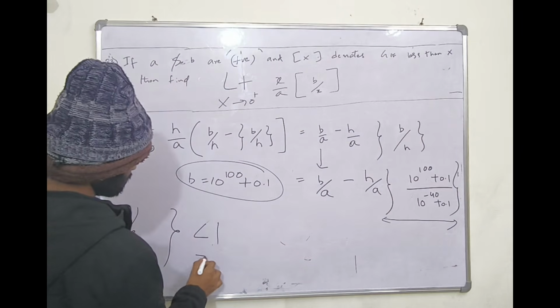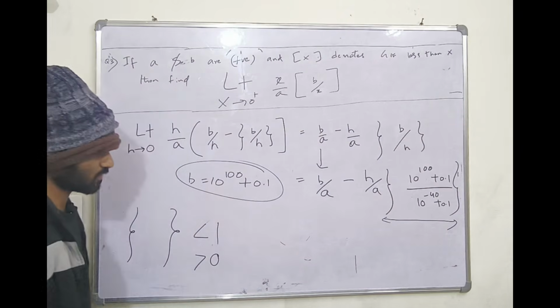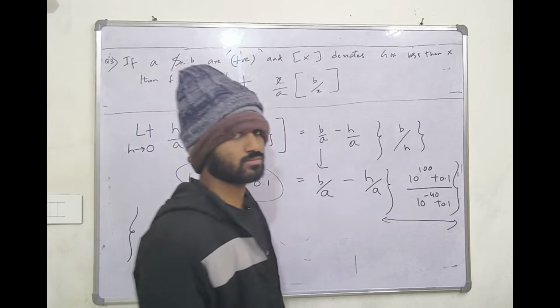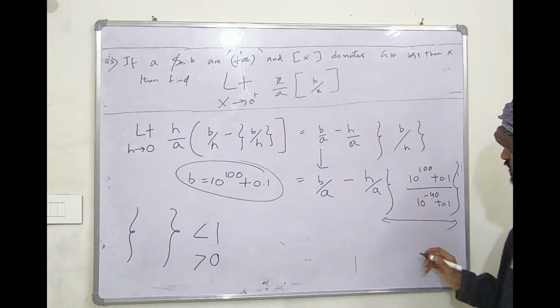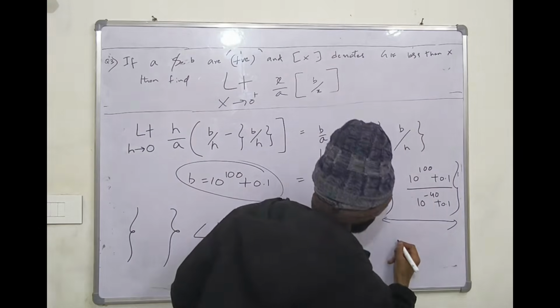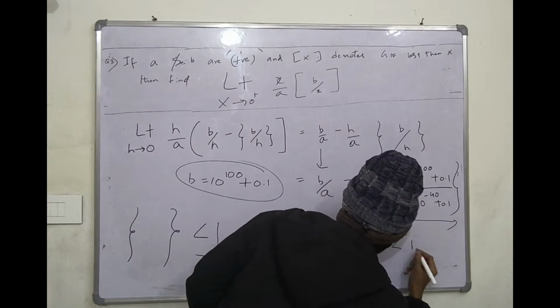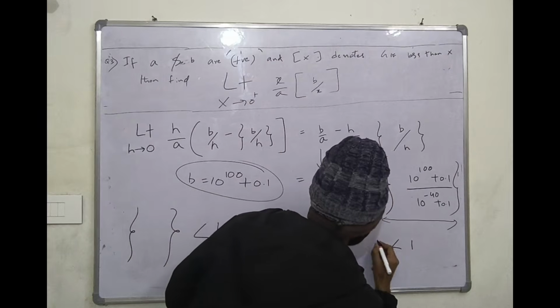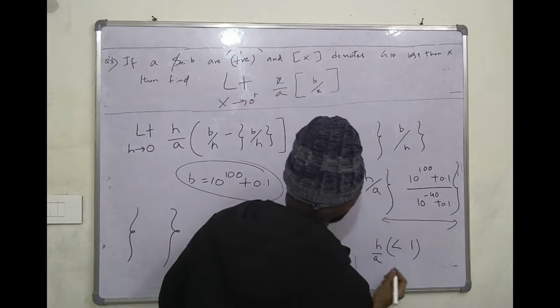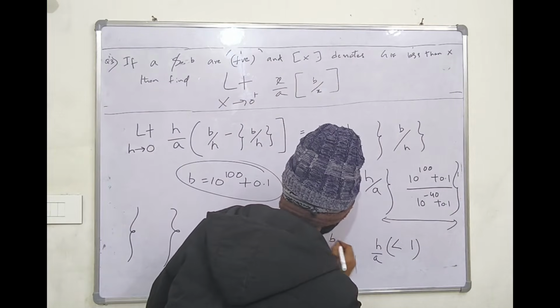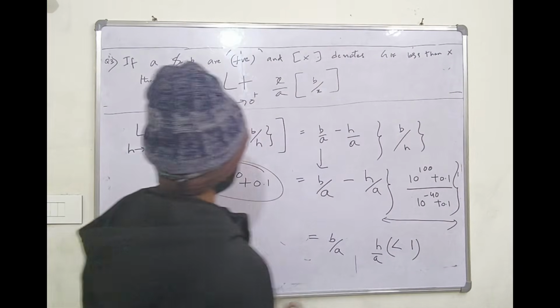Okay, समझ में आ रहा है? Good. So this value is less than 1. Okay, and this is multiplied by h by a, and this is b by a.